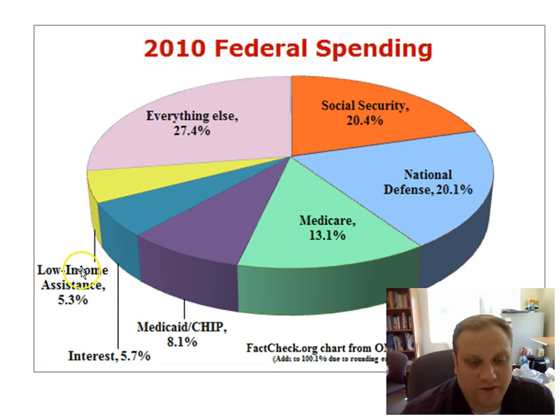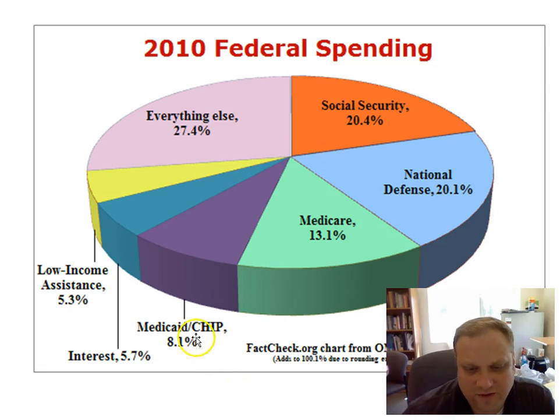Low-income assistance. By the way, most people think that welfare is the largest expenditure of the federal budget. If we add Medicare at 13% and Social Security, you could say those are some form of social welfare programs, but these are things you pay into, for old age pensioners.